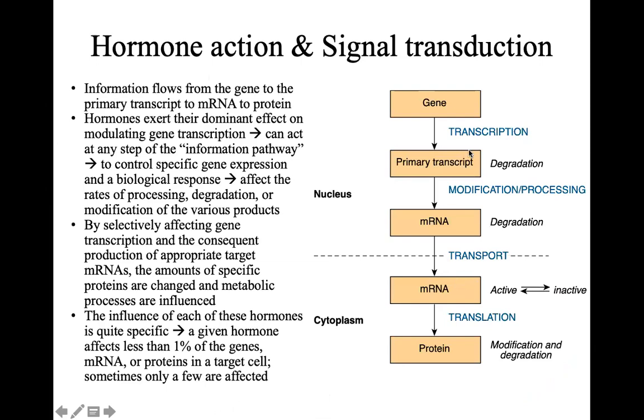In summary, the signals go into the nucleus, and certain transcription factors can bind to the gene, or a certain promoter will be produced to bind to it. The information from the gene can be transcribed into the primary transcript. After degradation and modification, this leads to the production of mRNA. So this occurs in the nucleus. In other words, this is the transcription process.